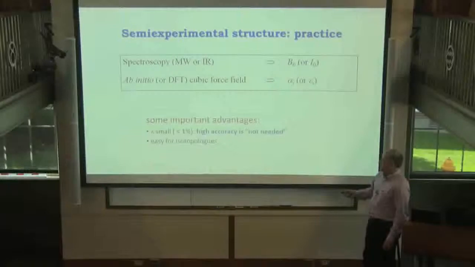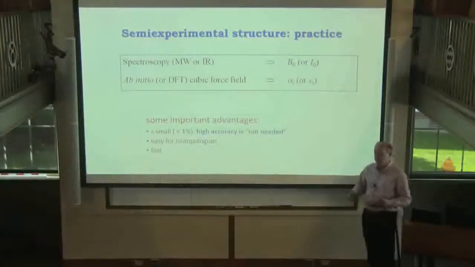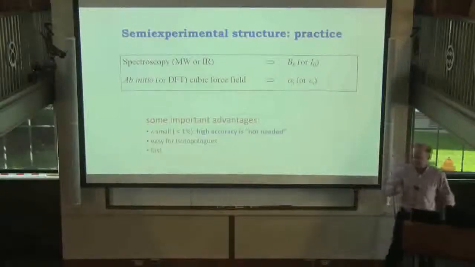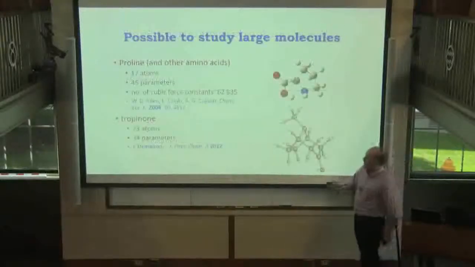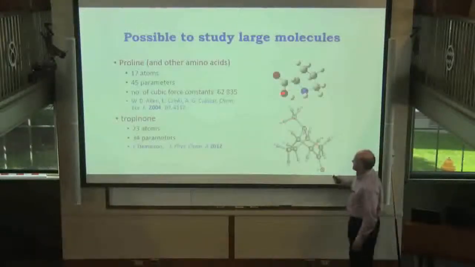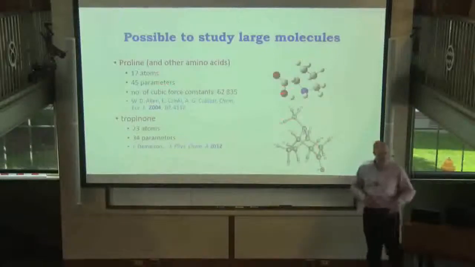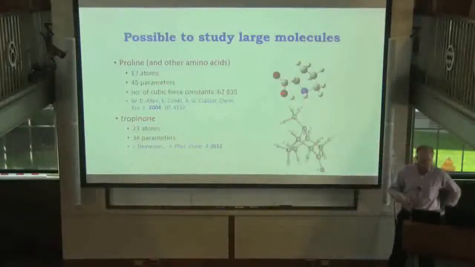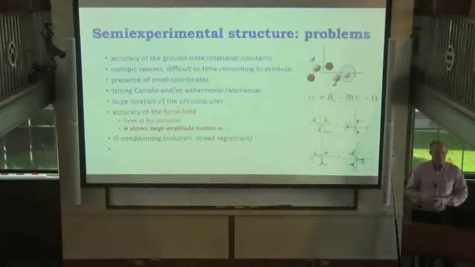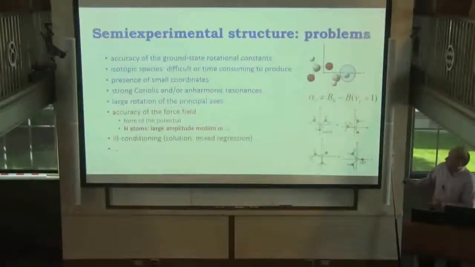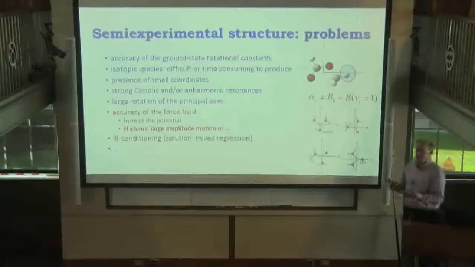It's relatively easy for the isotopologues, and it is fast once you can compute hundreds of thousands of force constants easily. It's that easy that it can be applied to large molecules, even to amino acids, so we determine the equilibrium structures of amino acids. But there are problems with this approach. One problem is that the accuracy of the ground state rotational constants must be high.